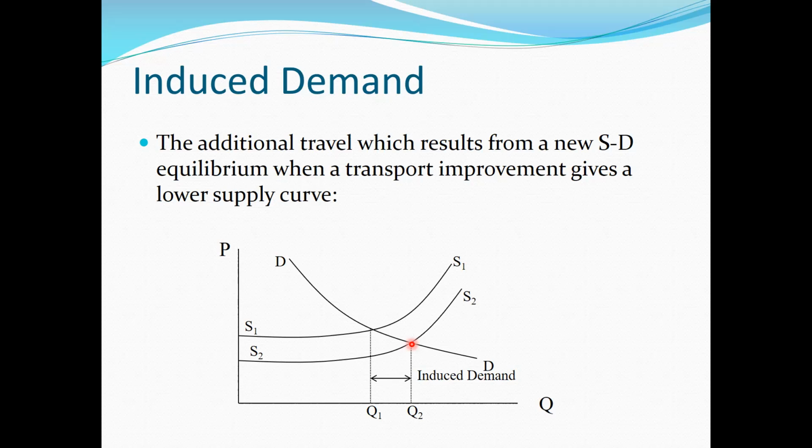So in the short run, even with the induced demand, remember, the original price of traveling on that link used to be here. But even with the new supply curve and a little bit higher demand, at least the price of traveling on that link is lower.